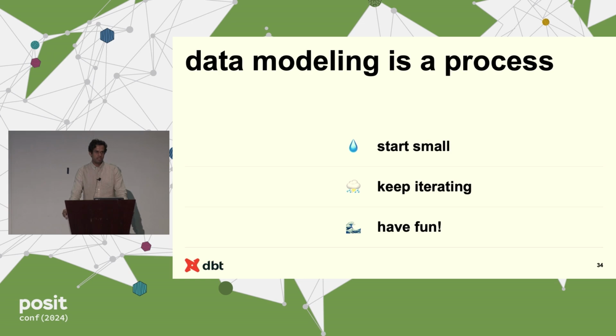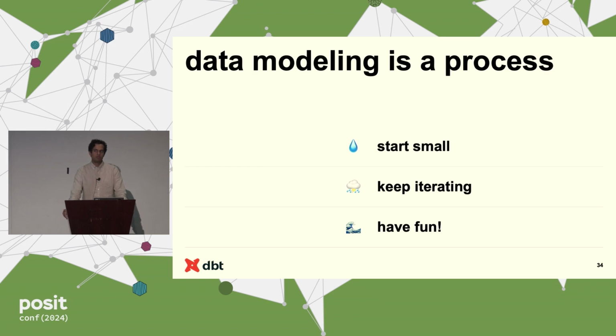If there's a data set or a metric that's not super intuitive, start documenting that. Keep iterating. Different teams and different organizations will have different things that work for them. So just figure out what works for you. And lastly, because it's a process, you should have fun with it.